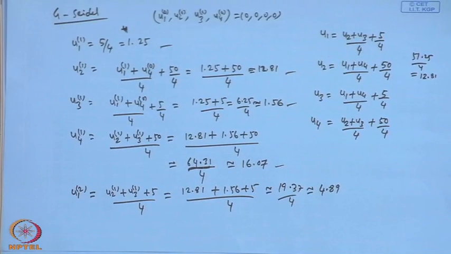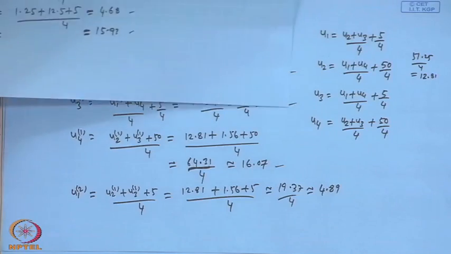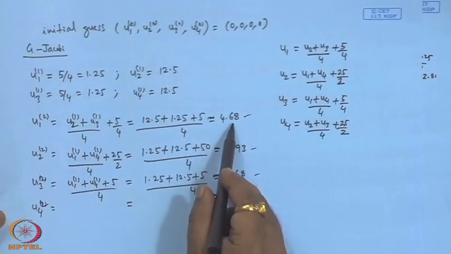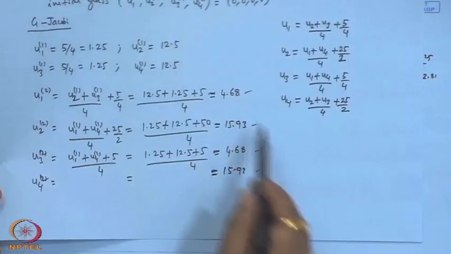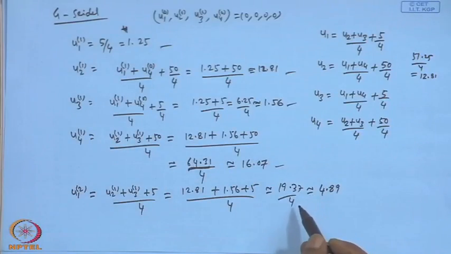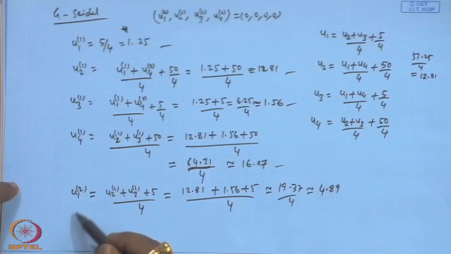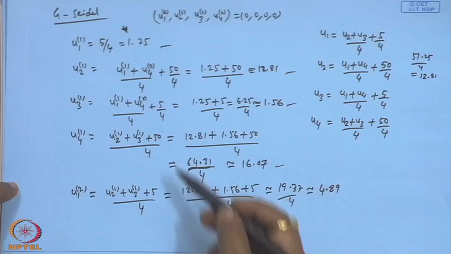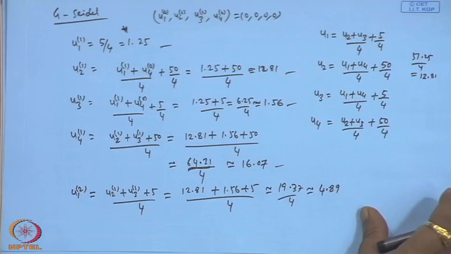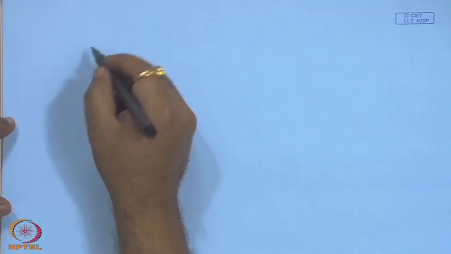Okay. So, you can see Gauss-Jacobi gave 4.68 and this is 4.89. So, that means calculation is correct. So, it is close. However, you can see we are updating the latest values. In u 2 you would realize the benefit of that. So, this is supposed to converge faster. Okay.